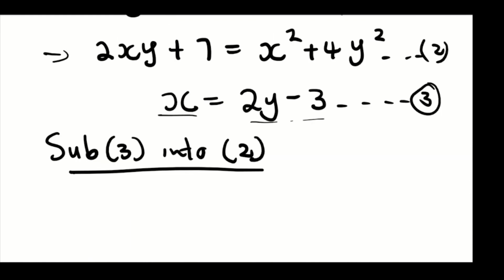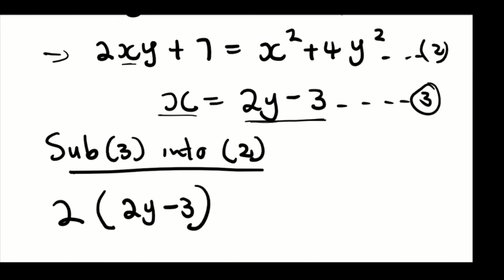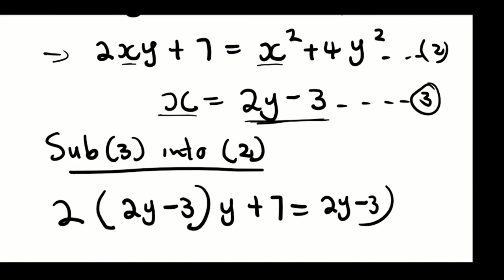So instead of writing this x here, we're just going to write this expression of 2y − 3. So it's going to be 2(2y − 3) multiplied by y + 7 is equal to, and instead of writing this x squared, we'll write the same expression. So it's going to be (2y − 3)² + 4y², right?